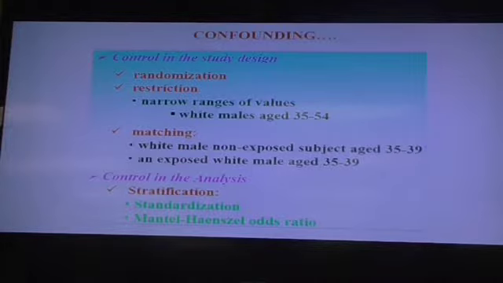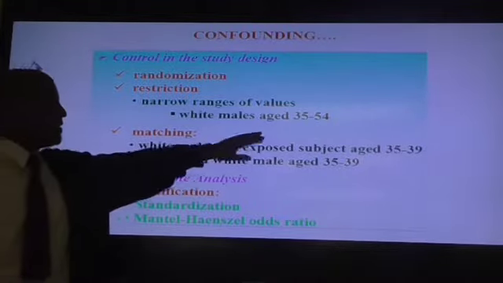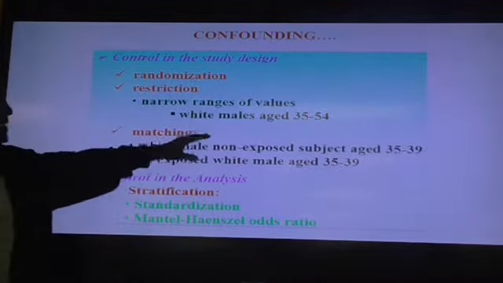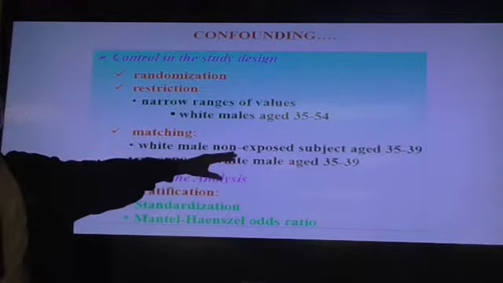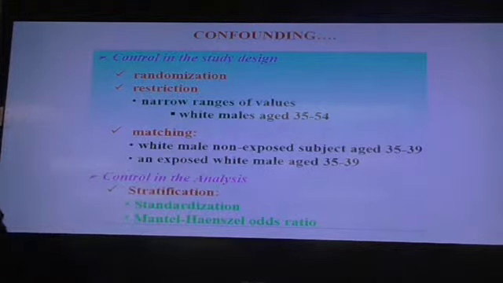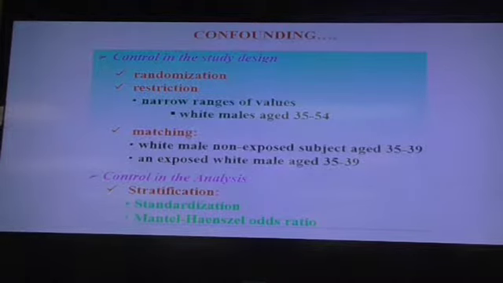So you are matching the age, sex, and race that you have in the control group with what you have in the exposed group. So you have the same race, the same age, and the same sex in both control and exposed groups. This is what we call matching. So these are what you can do at the design level of the study.